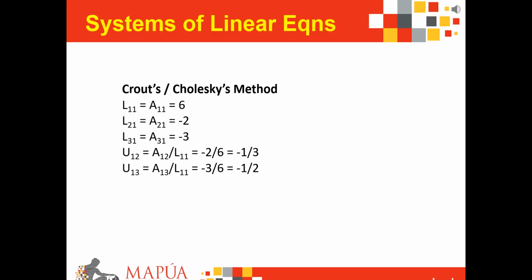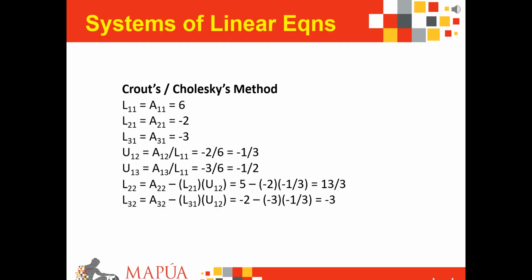And for U13, when evaluated using our formula, it gives us a fractional value of -1/2. The next step involves solving L22 and L32. Knowing the formula for L22 and L32, the solution would appear like this, with an L22 value of 13/3 and an L32 value this time of -3.